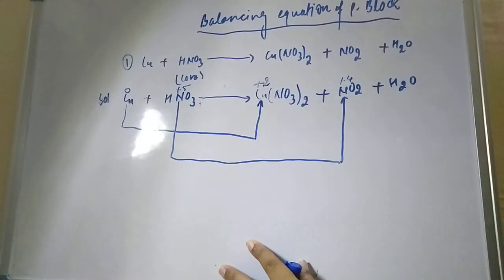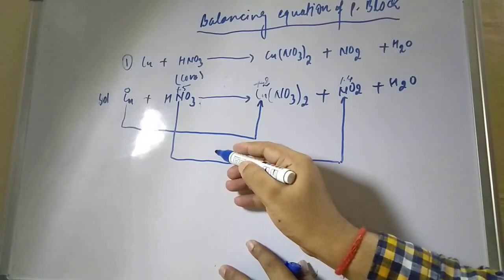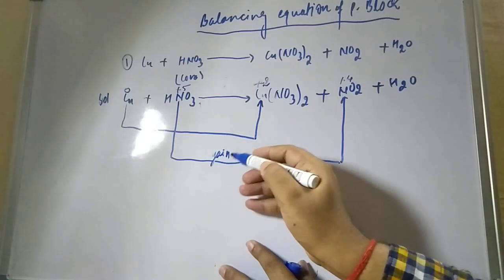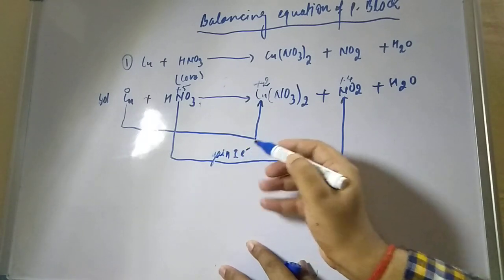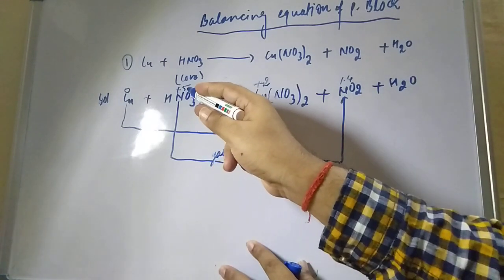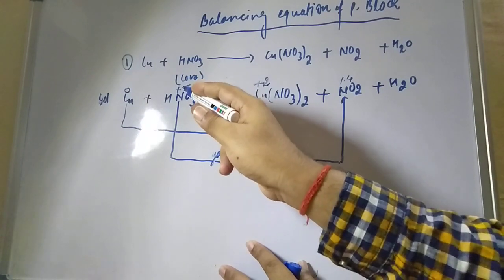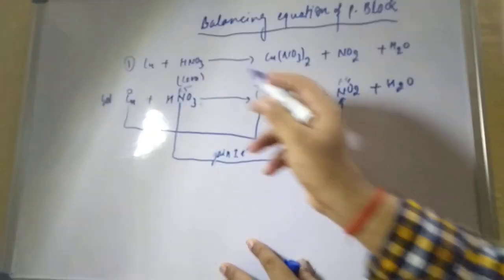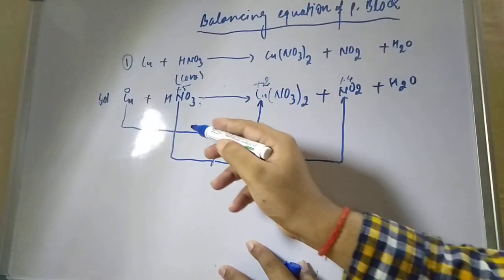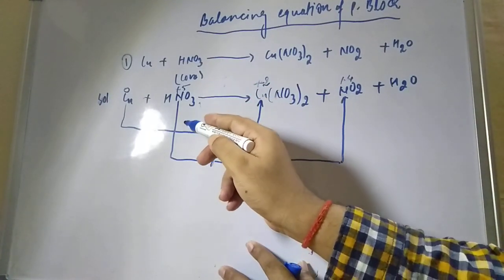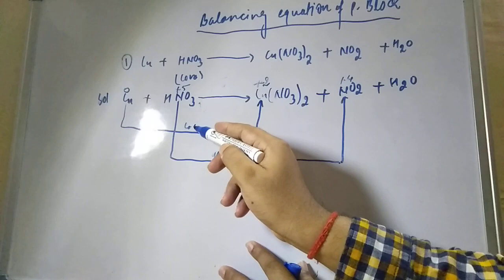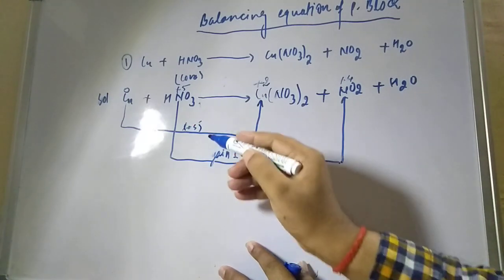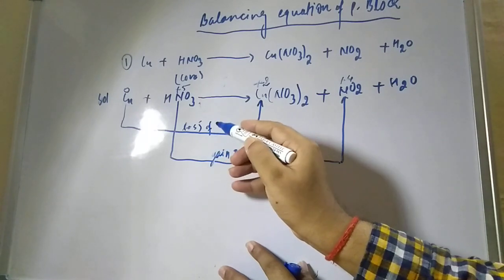So plus 5 to plus 4 means gain of 1 electron. If you add 1 electron to plus 5, the positive charge decreases by 1. And here copper is 0 to plus 2, so the positive charge means loss of electrons.